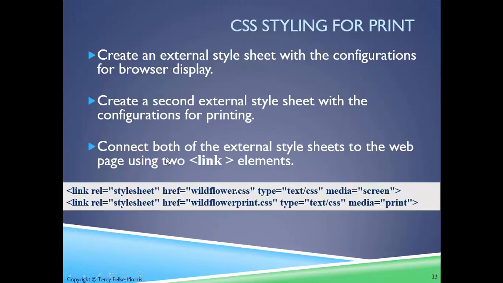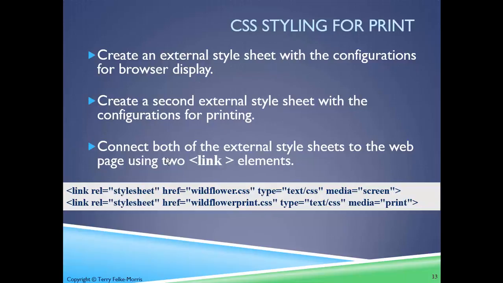Okay. Next, starting on the bottom of page 310 and going on to the next 3 or 4, more than that, to about page 315 approximately, the chapter goes in and talks about CSS styling for print.